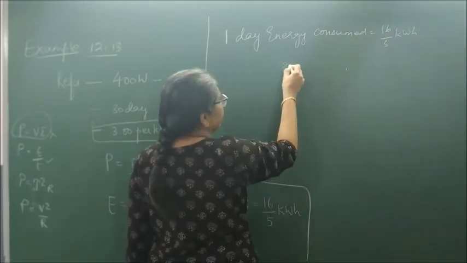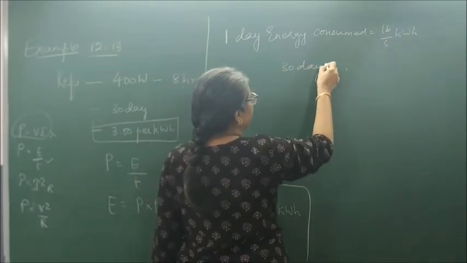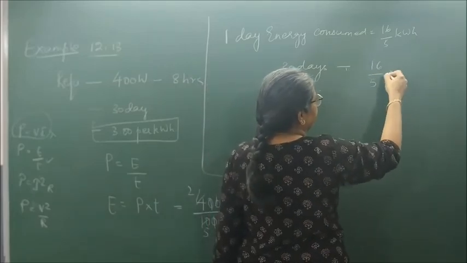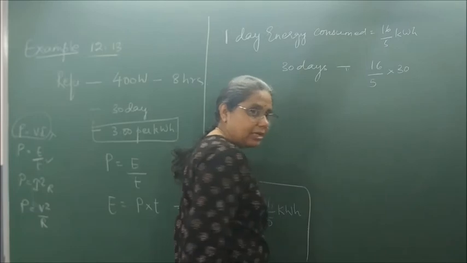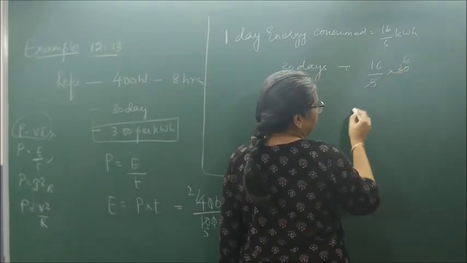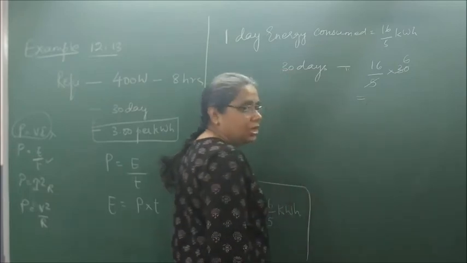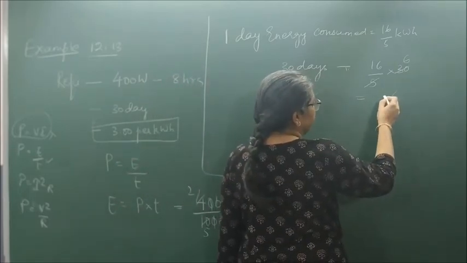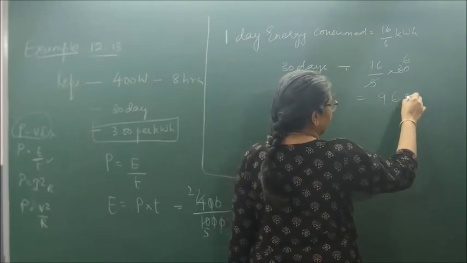So for 30 days, energy consumed will be 16 by 5 into 30. Correct? So this becomes what? 5 6s are 30. So how much? 6 6s are 36. 6 1s are 6 and 9, 96 kilowatt hour.